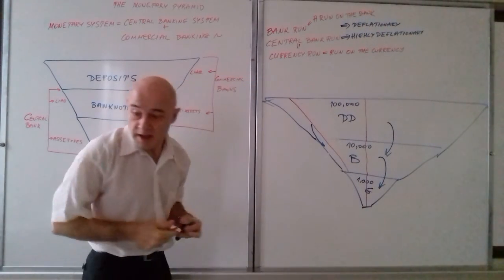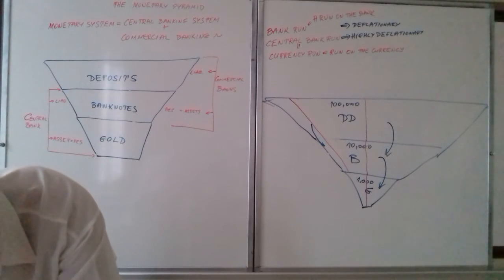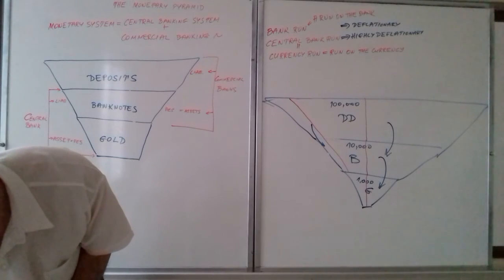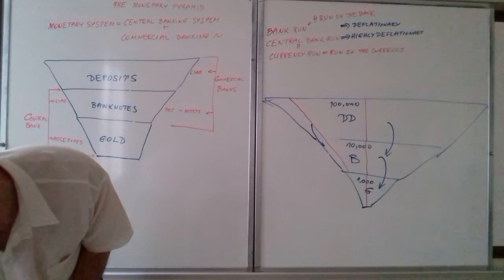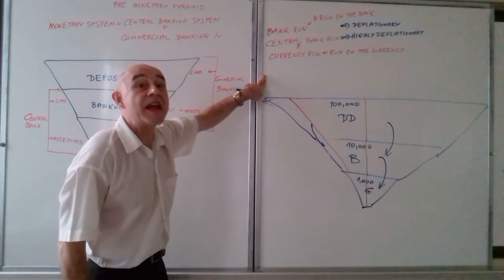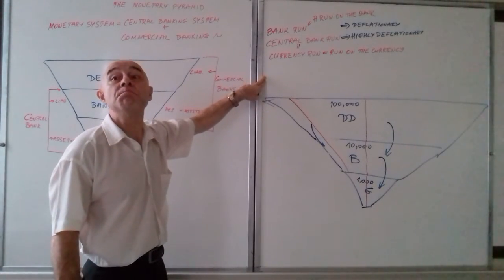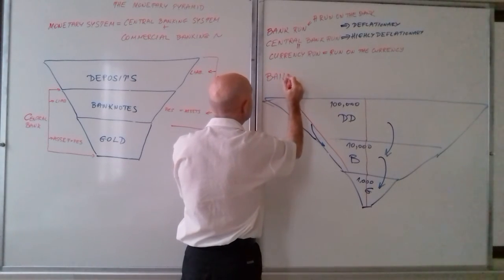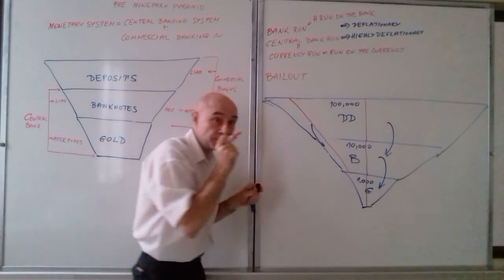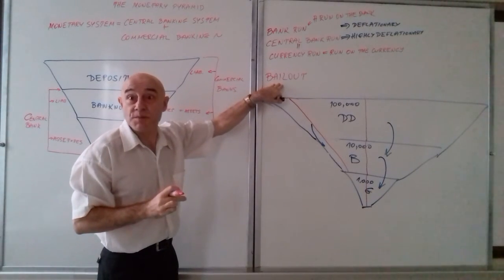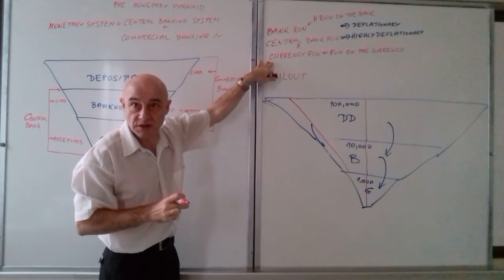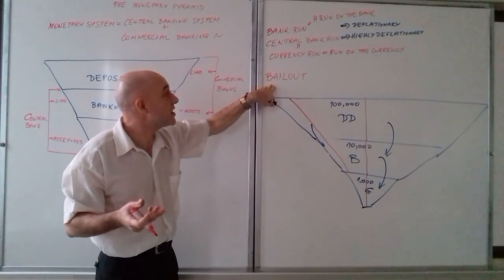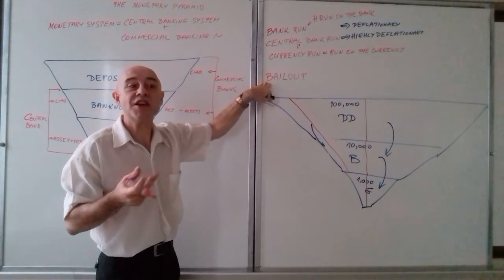All right. And now let's see what else I have here. So a little bit of this is covered here. Now, when we say central bank bailout, when a central bank gets a currency run and the central bank is close to bankruptcy, you will get what's called an international bailout.